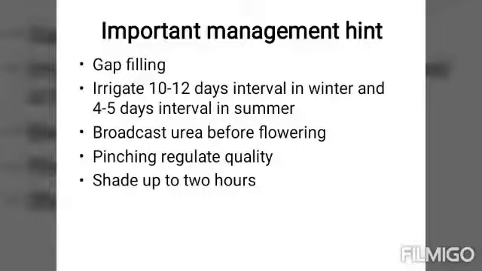Before flowering of the annuals, you have to broadcast urea, 20 gram per meter square area. You have to use the broadcasting method of urea before flowering. And after that, deficient nitrogen causes premature flowering.